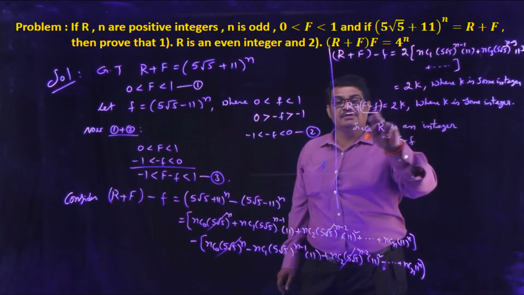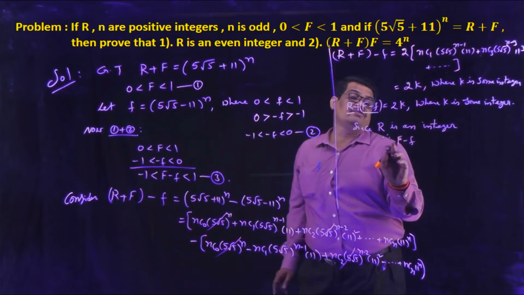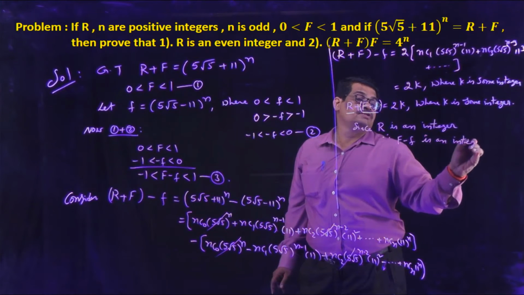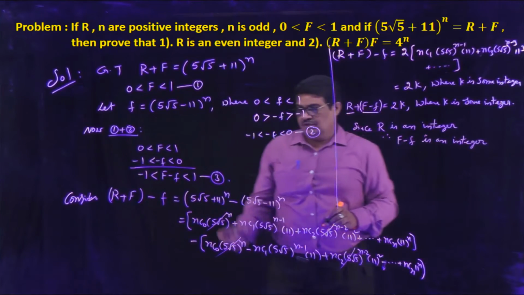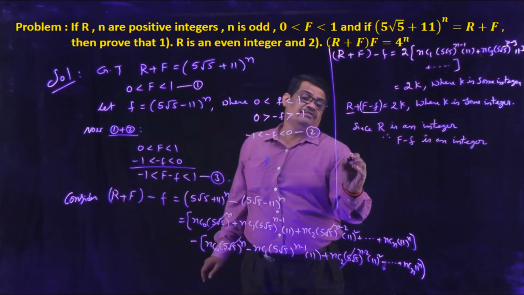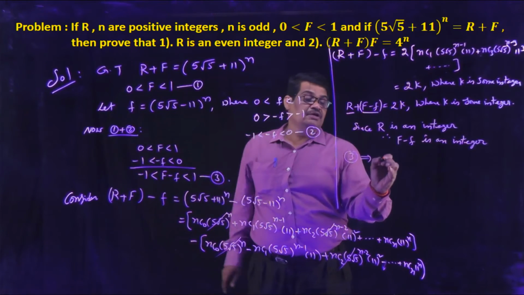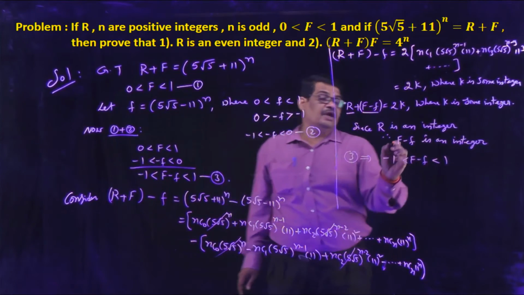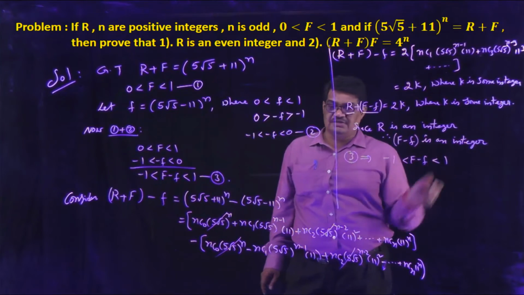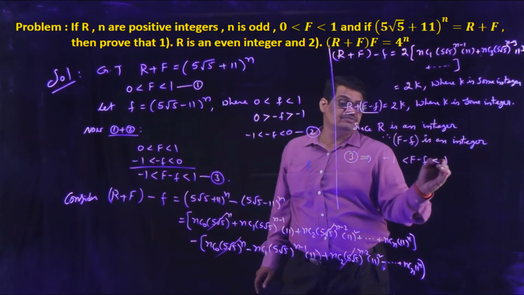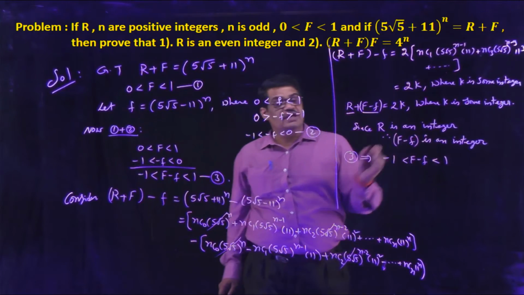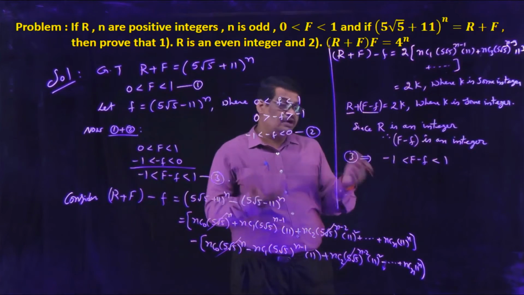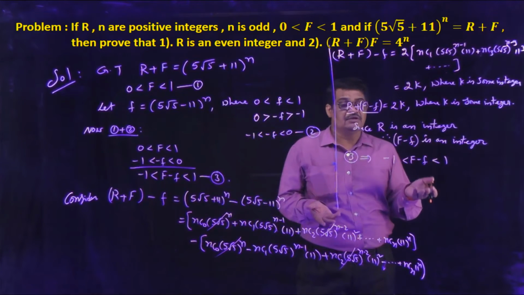So F − f is an integer. Now from equation 3, we derived that −1 < F − f < 1. Here F − f is an integer and lies between −1 and 1. Then what is the integer between −1 and 1? That is 0.